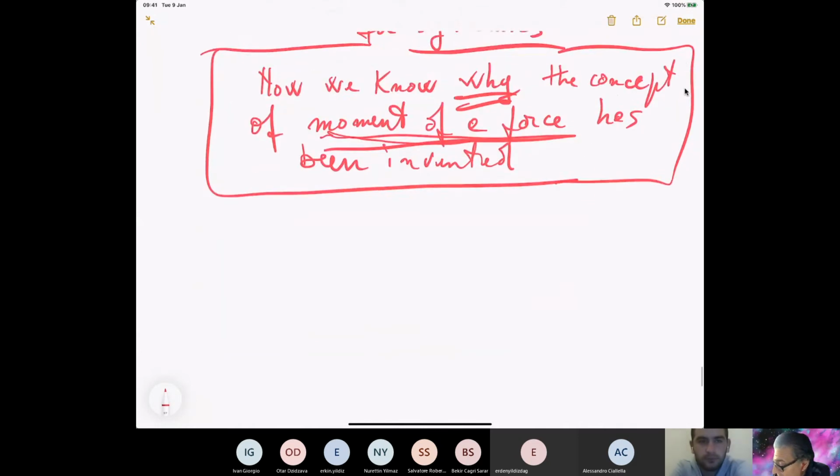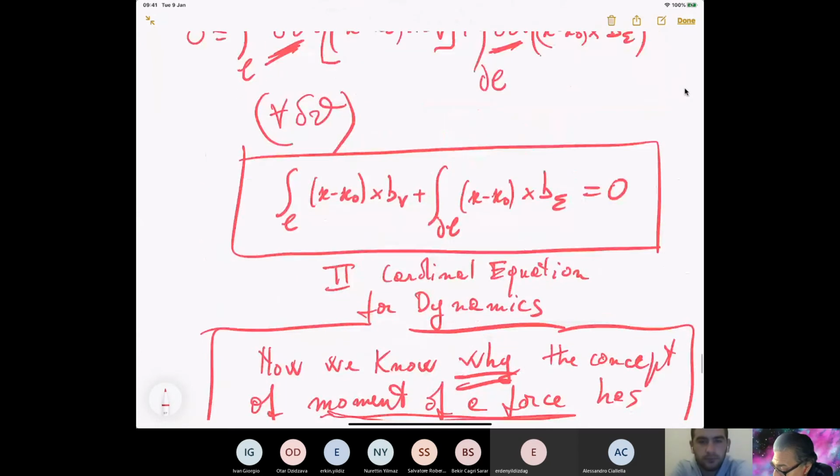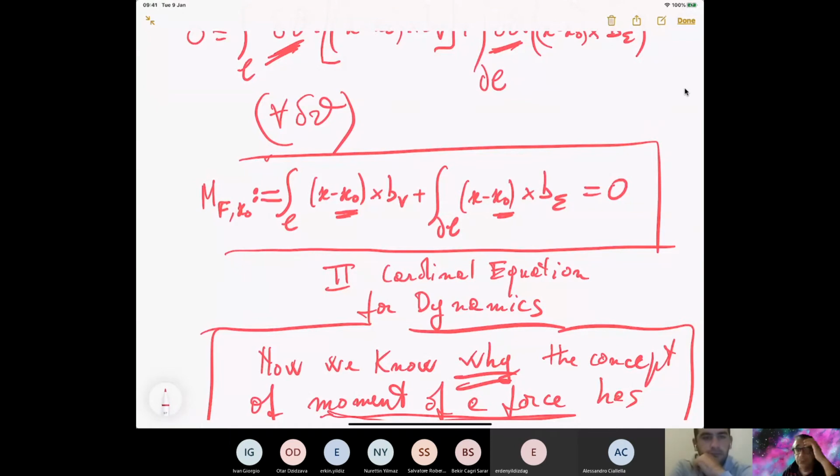So the remark, now we will do this calculation because I am worried that maybe you never have seen it. The moment of the system of forces F with respect to the reduction pole x0 is defined in this way.